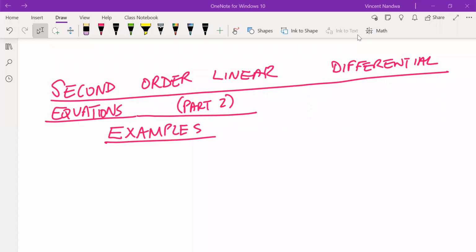So welcome. Here we are going now to illustrate how to solve second order linear differential equations.